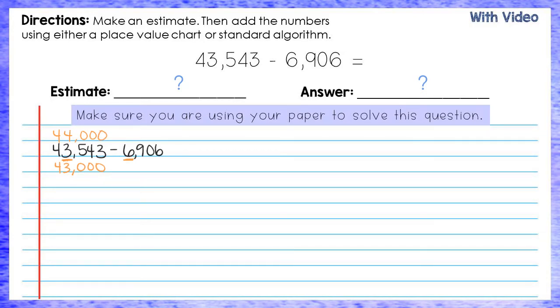Do you think 43,543 is closer to 43,000 or 44,000? Well, 500 would be the exact middle, so this is a little bit higher. So we're going to round to 44,000. 6,906 can either round down to 6,000 or up to 7,000.